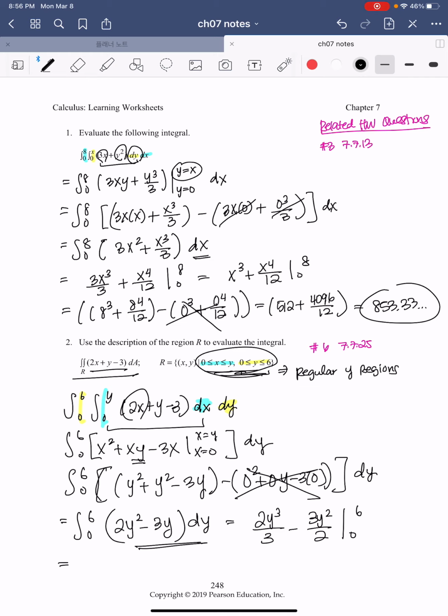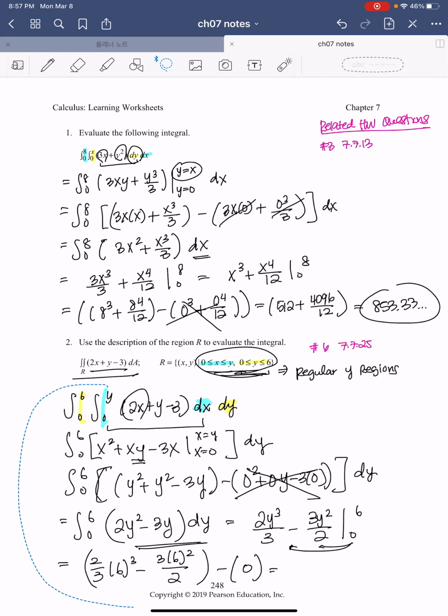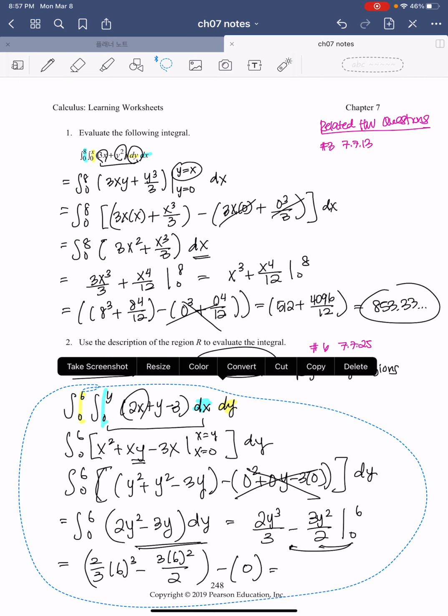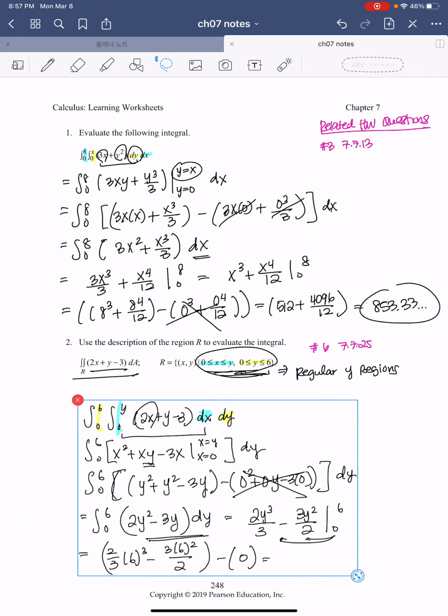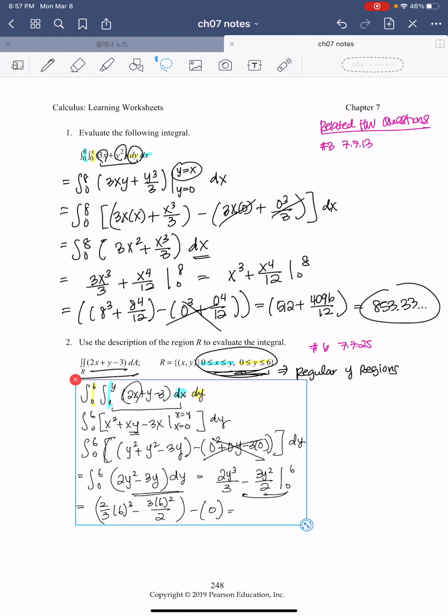So we have 2/3 times 6 cubed minus 3 times 6 squared over 2. Subtract. This one, if you plug it in, you see that it's going to be 0. Okay, so let's keep going. I'm going to make this smaller.